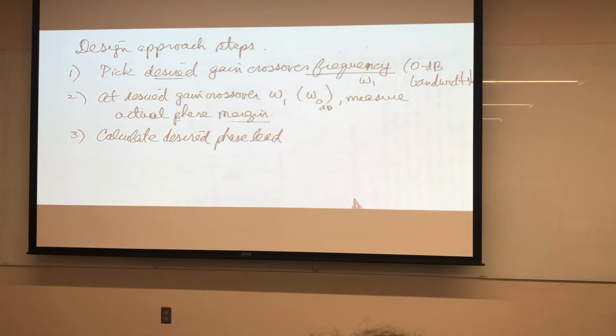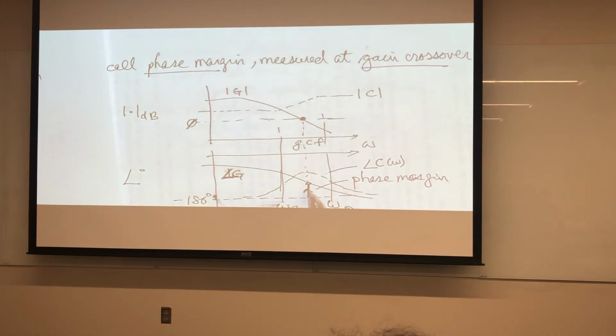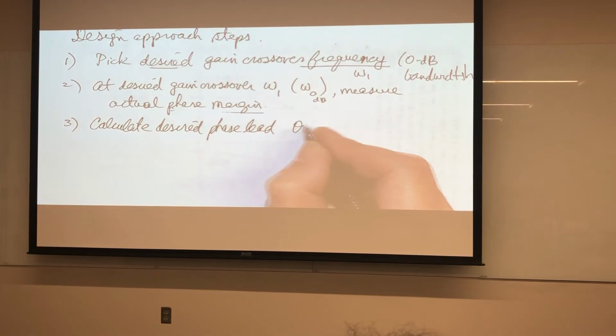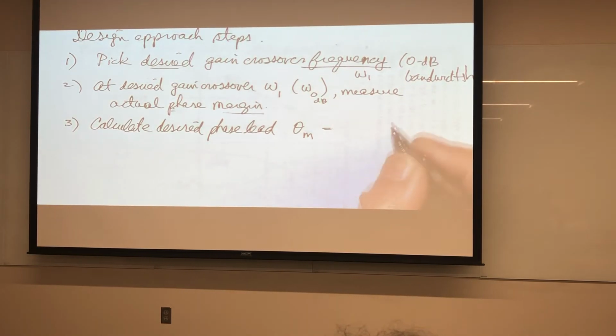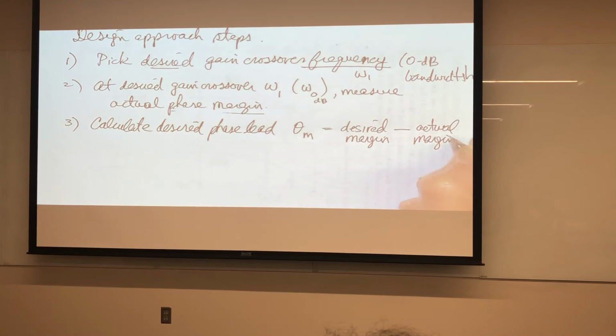How much lead can I get out of my compensator? How much do I need? This margin here is too small. I need to add some dirt. So what I do is I need to calculate theta m. That is going to be the desired margin minus the actual margin. This is not too difficult, just a little algebra step.